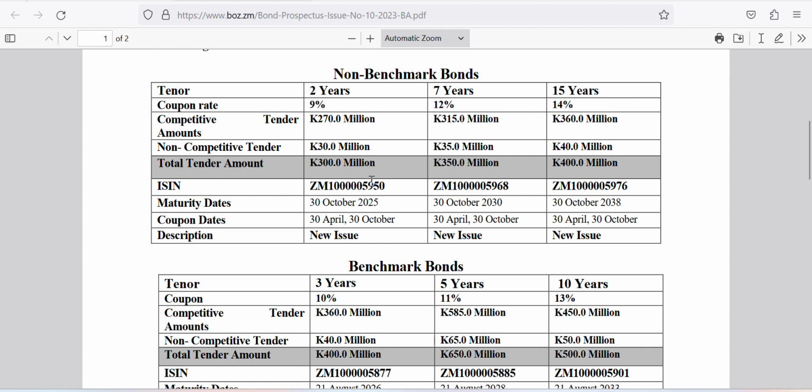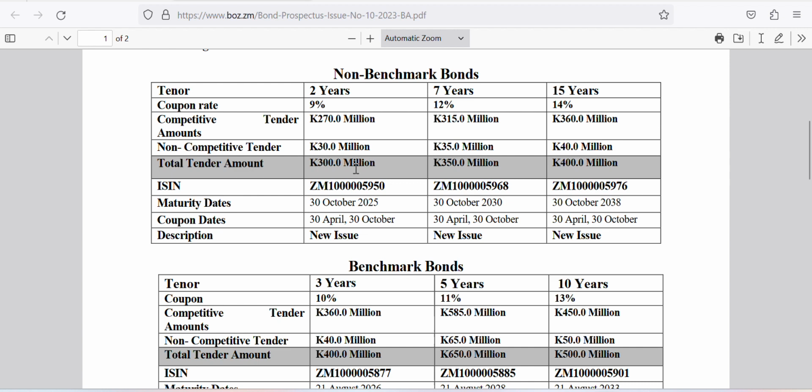So what you see here, the 250 million kwacha competitive tender amount, is the amount that the government wishes to borrow under the conditions of competitive tender. 30 million kwacha is the amount that the government wishes to borrow under non-competitive tender conditions, and there are very specific conditions which we'll see later on.